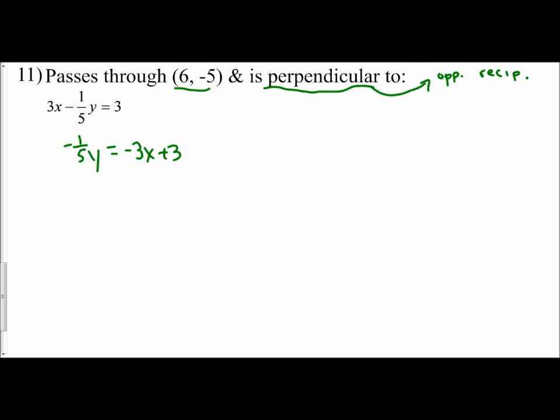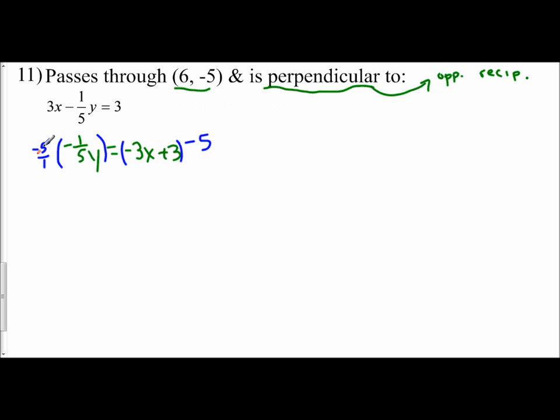And then what I'm going to do is multiply both sides by the reciprocal of the coefficient of y. So -1/5 becomes -5 over 1. And so I'm really multiplying both sides by -5.